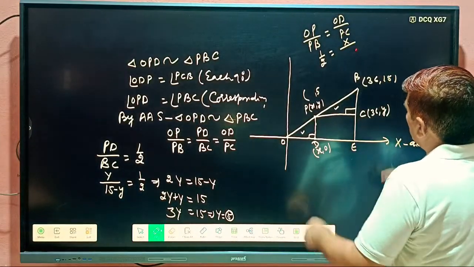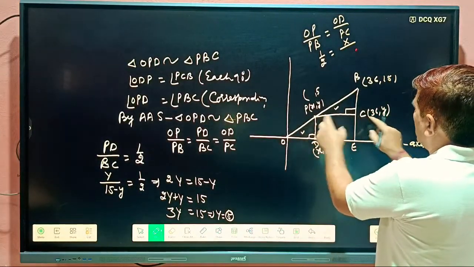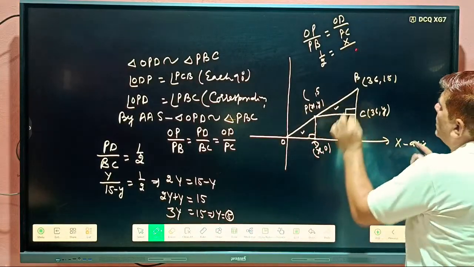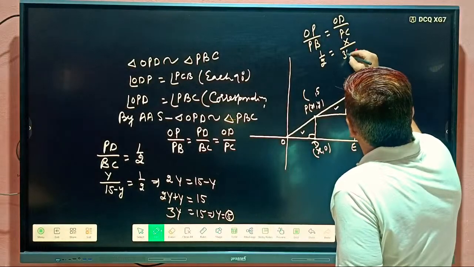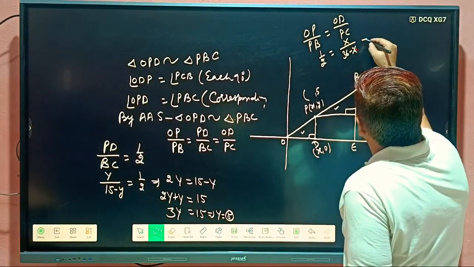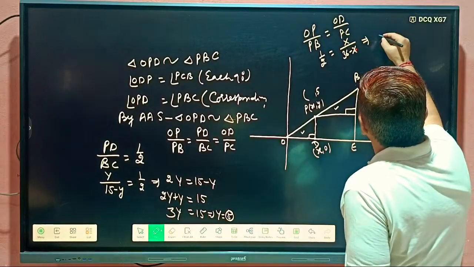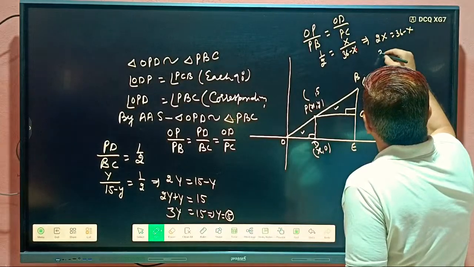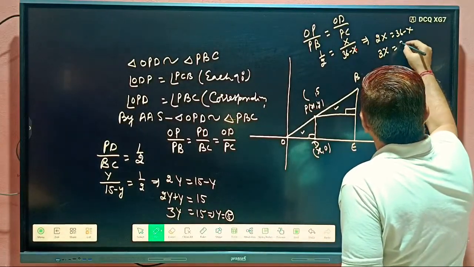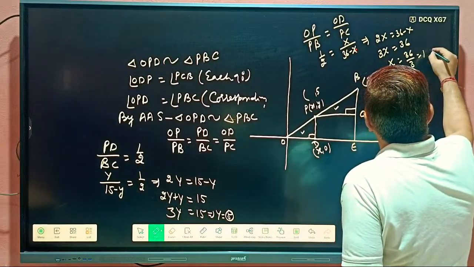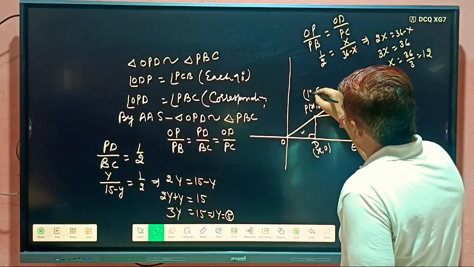Where is PC? PC is this. The coordinates I already told you: 36 minus x, y minus y. So x by 36 minus x equals 1 by 2. Cross multiplication: 2x is equal to 36 minus x. Bring x to this side: 3x equal to 36. So x is equal to 36 by 3, which is 12.